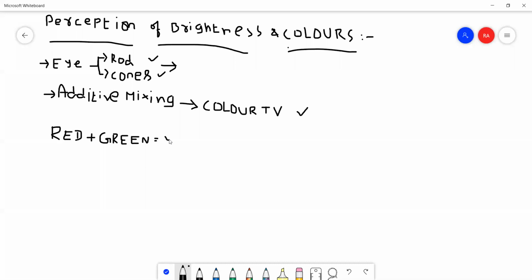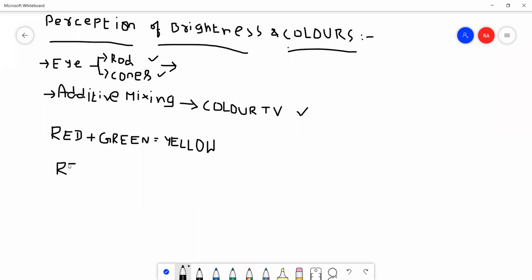So this will form yellow. So red and green. So red plus green, they will form yellow. Similarly, red plus blue.